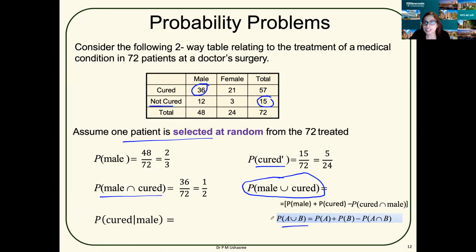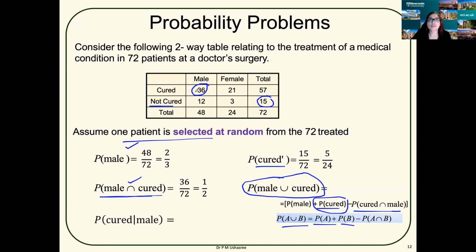So male union cured is nothing but probability of male plus probability of cured minus probability of cured intersection male. Probability of male you have already found, and probability of cured intersection male you have found, but you haven't found probability of cured.